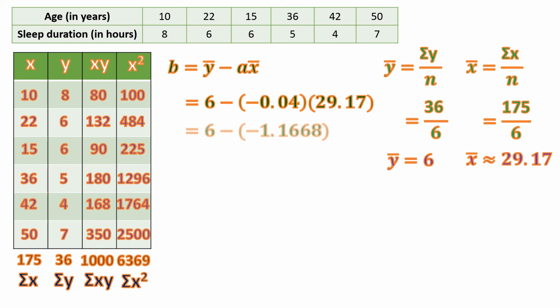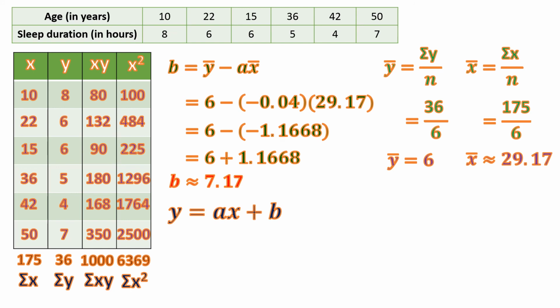Then we're gonna multiply negative 0.04 times 29.17. It will be negative 1.1668. So of course the negative becomes positive. So then we combine, it will be approximately 7.17. So we just round to 2 decimal places. So that's our b.